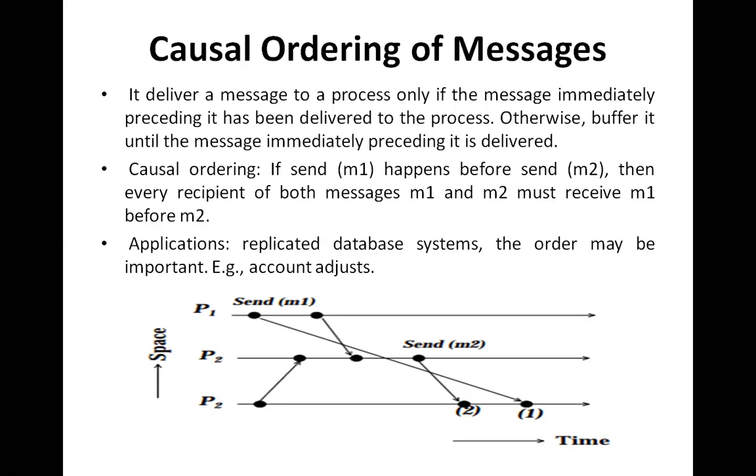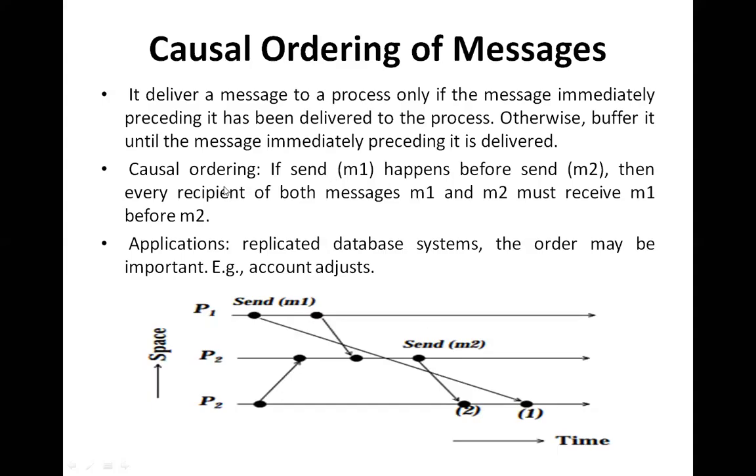That message has to be received by all the processes before they receive any other messages from any other processes. Why? Because it is the first event which has happened at a particular process, and it has to be delivered before the other messages are delivered.